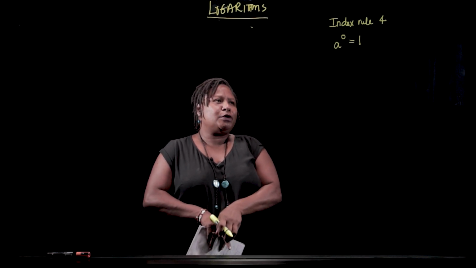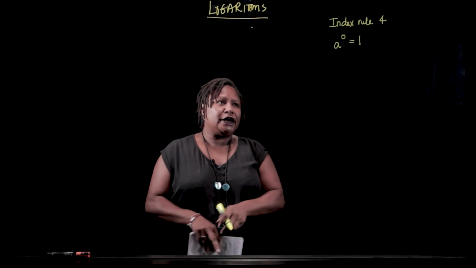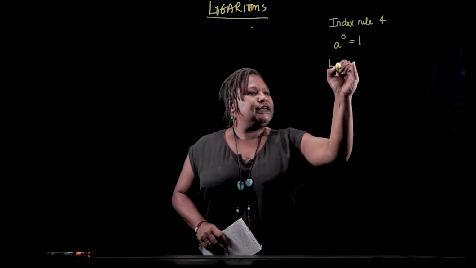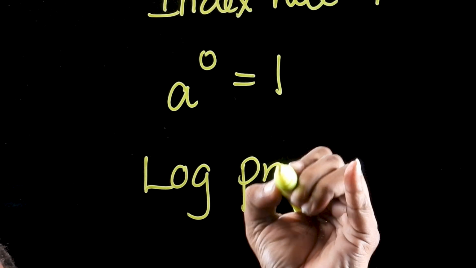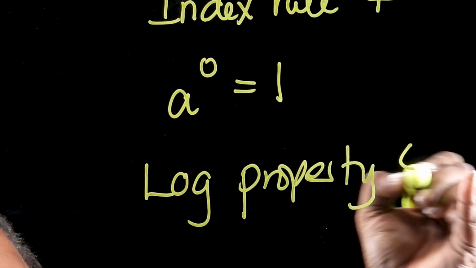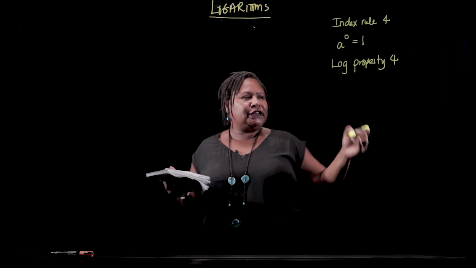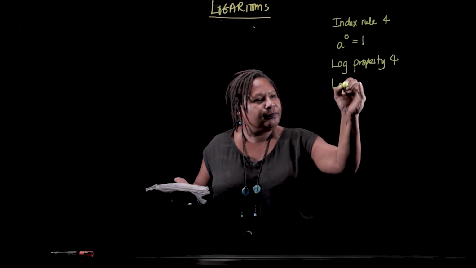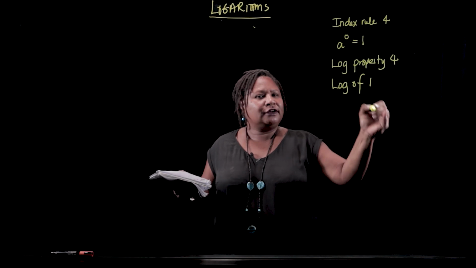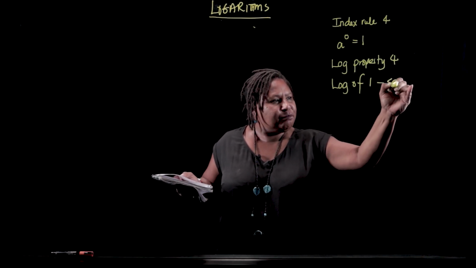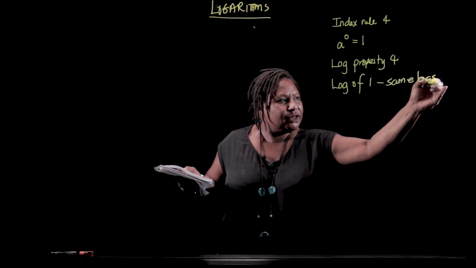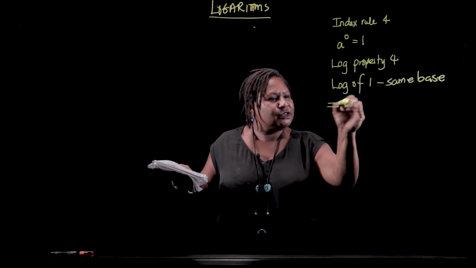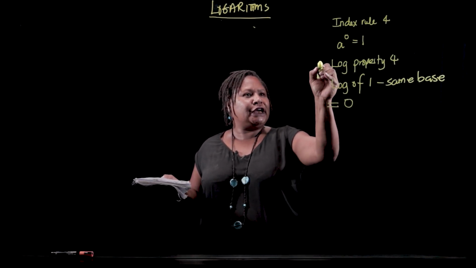Now with the log property, let's just write this pretty quickly. So log property number 4 states that the log of 1, with the same base, is equal to 0.